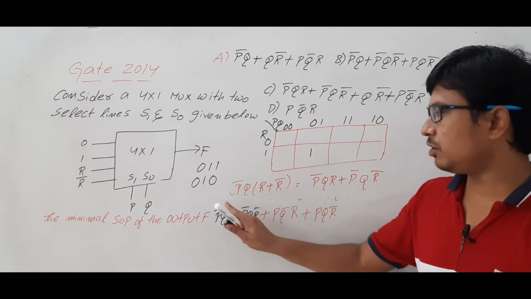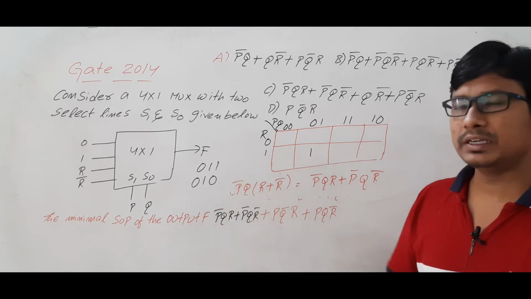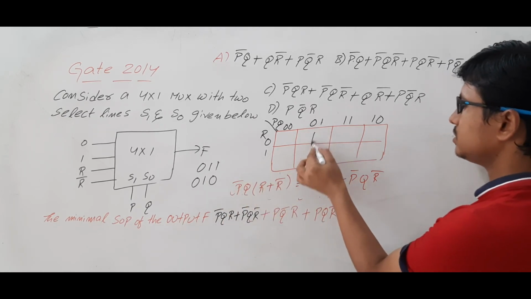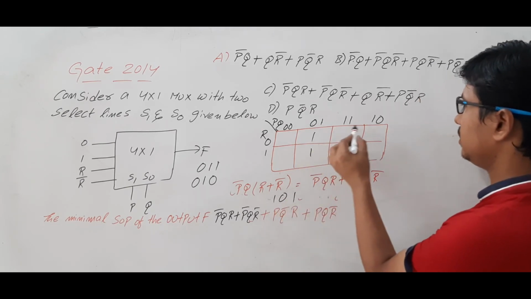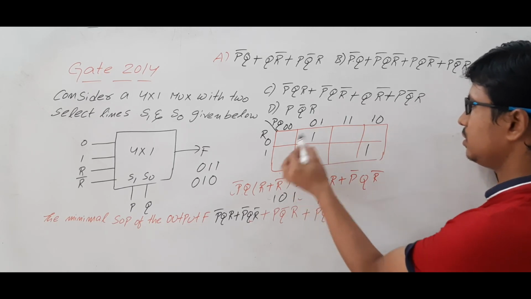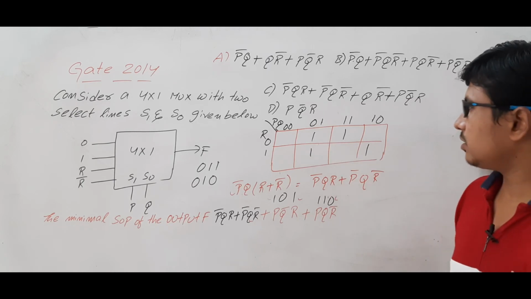In place of P complement I kept 0, in Q I kept 1, in R complement is 0. So 0, 1, 0 will come here. Then this is 1, 0, 1, here it will come. This is 1, 1, 0, it will come here. Am I right or wrong?